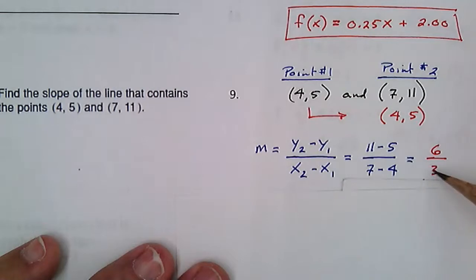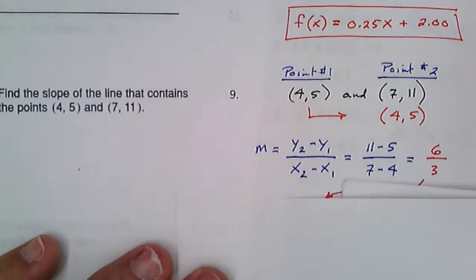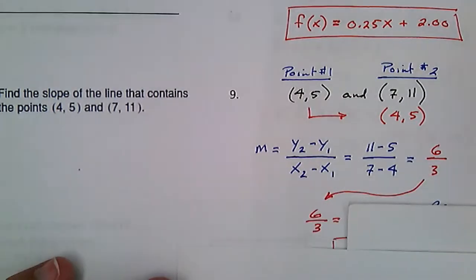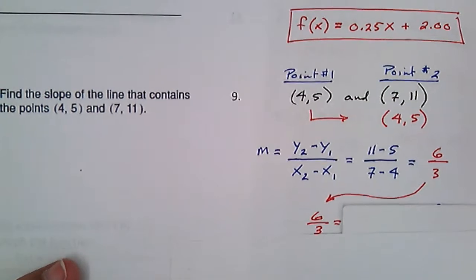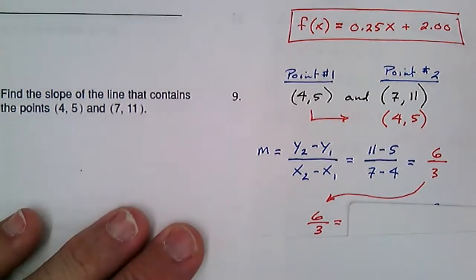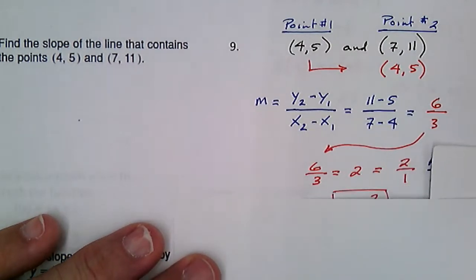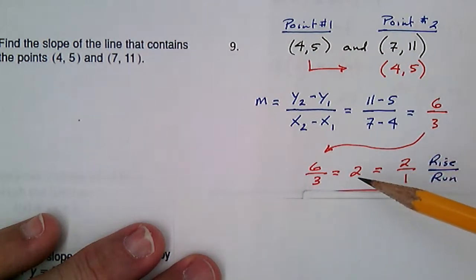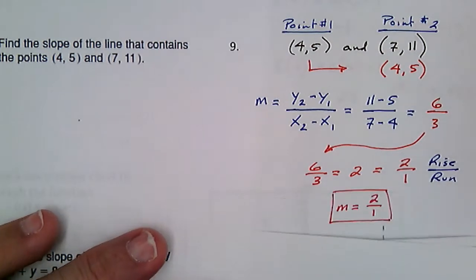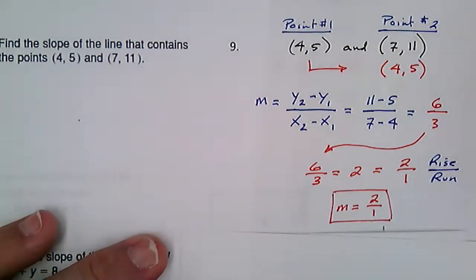Now I need to simplify this. 6 over 3, I'm going to bring it over to there. I know that 6 divided by 3 is 2. But since this is a slope, I want to make sure I've got a rise over run. So 2, I'm going to change to 2 over 1. And there's my slope, 2 over 1. Okay?